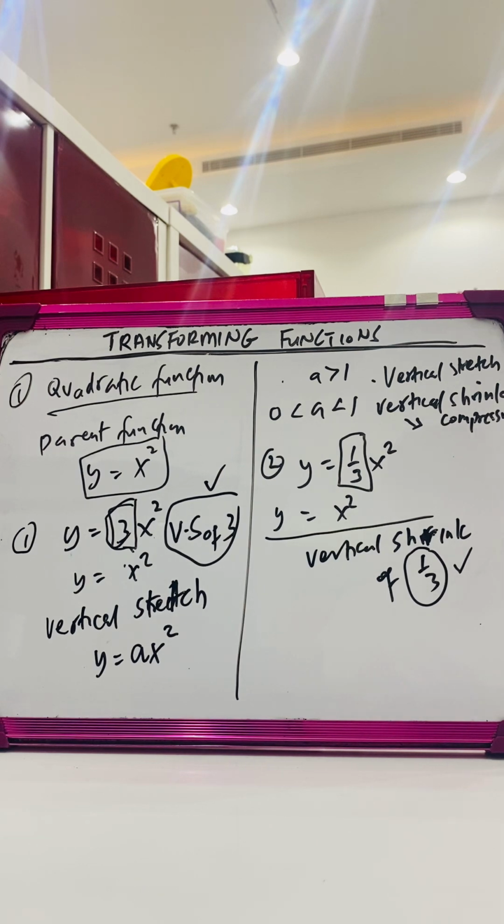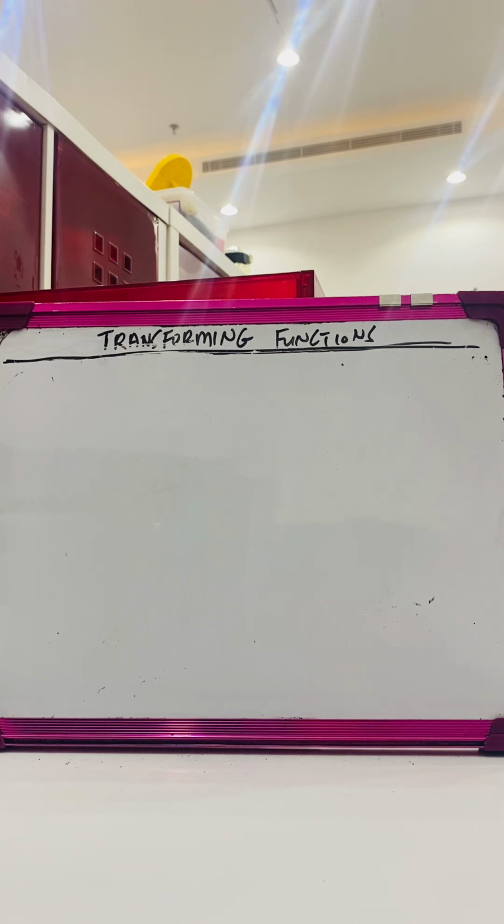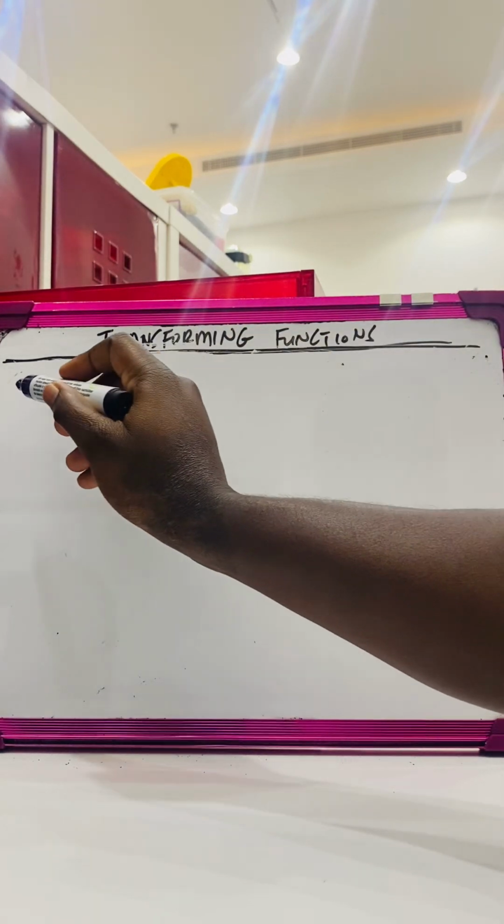I'll pick some more examples around the quadratic function, so we continue to make this concept much easier. So I'll still stay with the y values having a change.